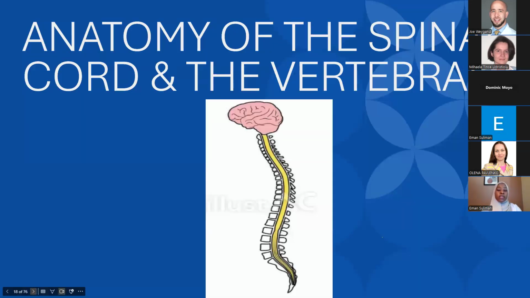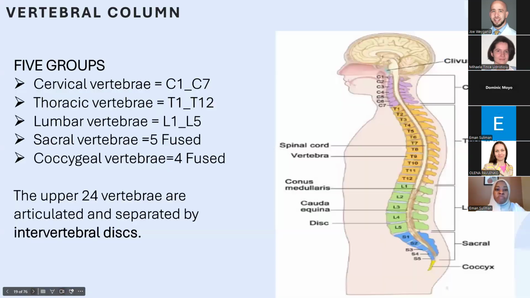Okay, so let's go and talk about the anatomy of the spinal cord and the vertebrae. The vertebral column, or the backbone, or the spine, is formed of the vertebrae and the spinal cord. The vertebrae are mainly five groups.